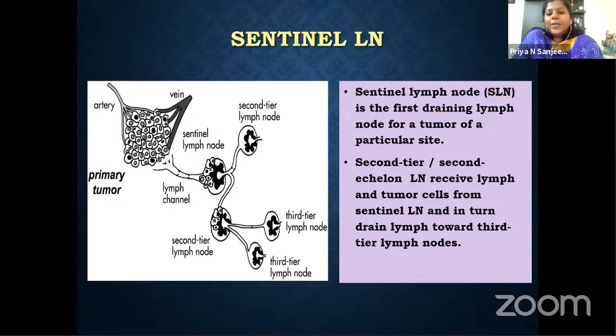Priya, I was just interested in knowing how important it is to grade nodal metastasis. Yes, sir. The grading system is given by Lewis et al, sir, but it is not validated. I feel once the lymph nodes are out, whatever the differential grading is, it is within the lymph node only. Only when there is extracapsular spread, the patient should go for further radiotherapy or chemotherapy.